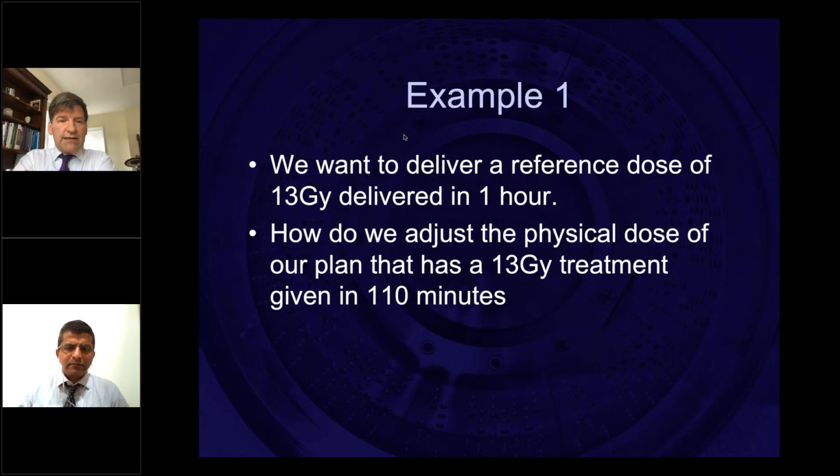So here's one example. We want to deliver a reference dose of 13 gray, and our reference treatment time is going to be 1 hour for all of our treatments, let's say. So how do we adjust a treatment plan that has a physical dose of 13 gray, but this plan is delivered in 110 minutes?